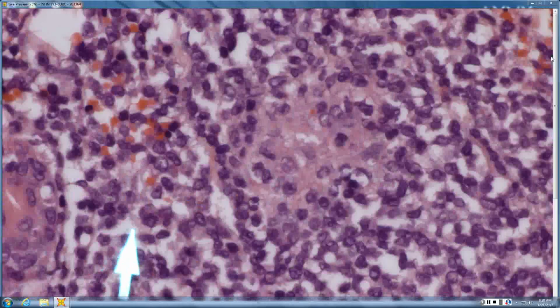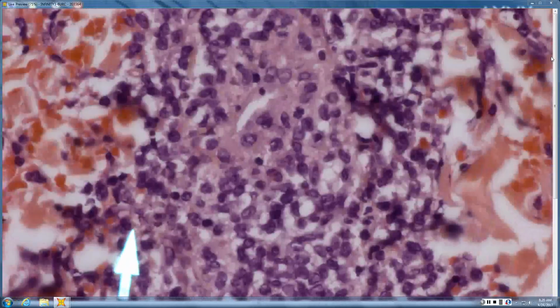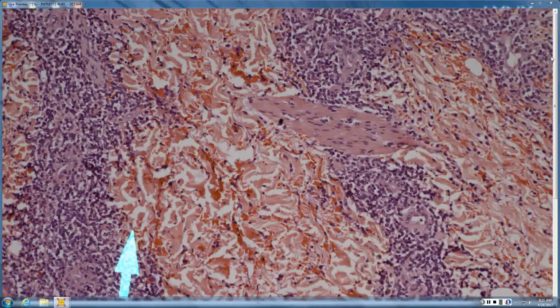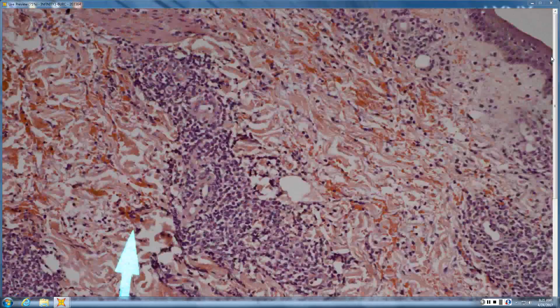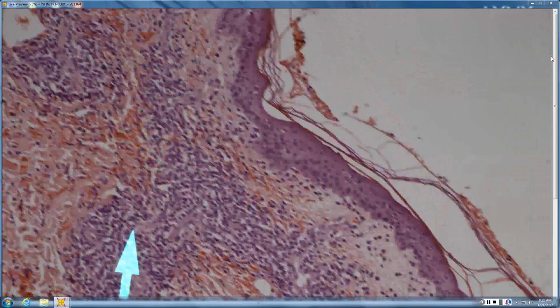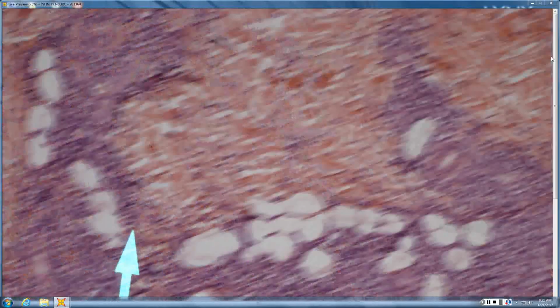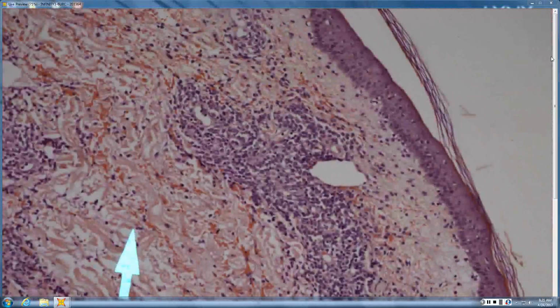These are mostly small and medium sized cells, and they look pretty monomorphic. I don't see much or any epidermotropism. So I would wonder if it's more like a leukemia cutis that's further on the spectrum in terms of development.